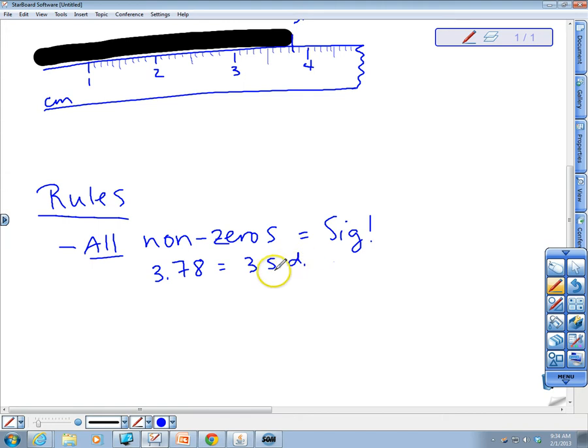You'll see them abbreviated SD or SF. 523 has 3 significant digits. 1,872.83 has 1, 2, 3, 4, 5, 6 significant digits.